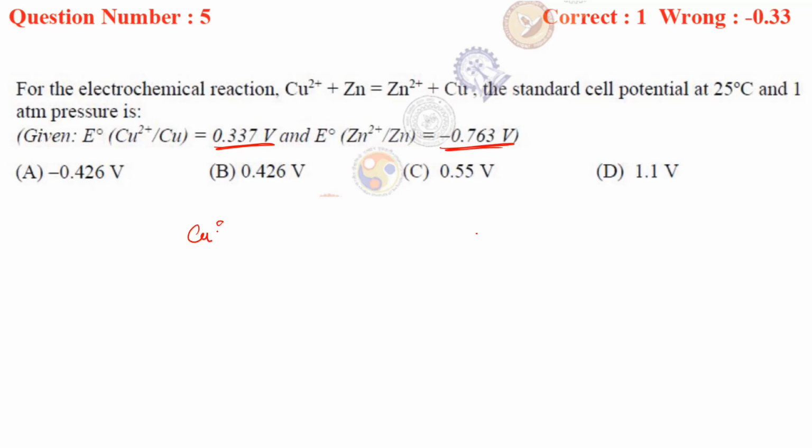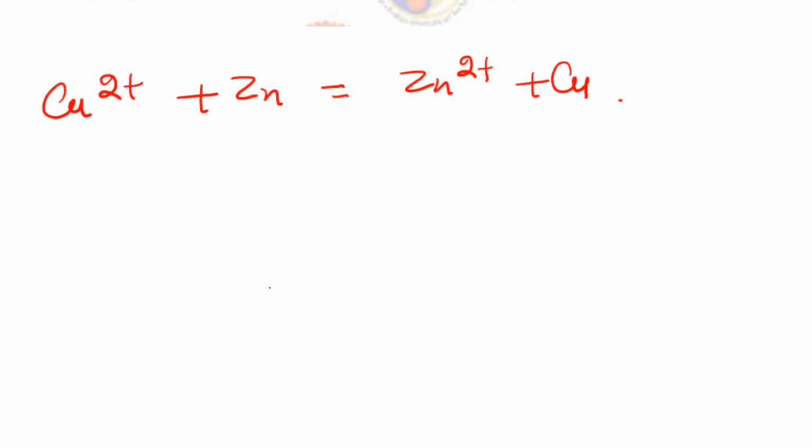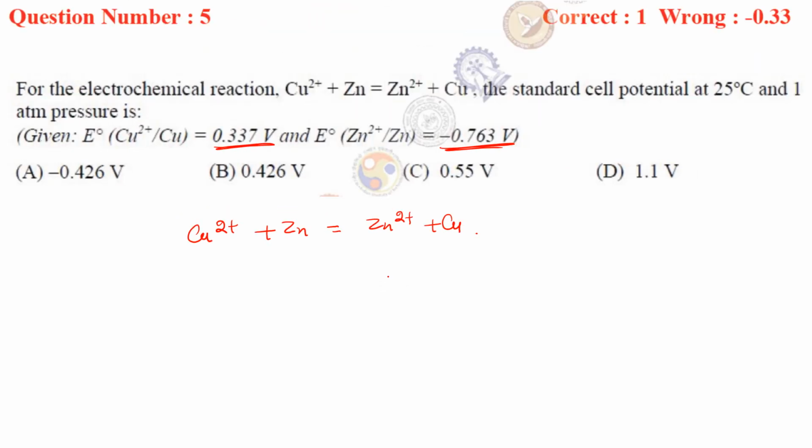So what will be the complete equation here? Zn2+ plus Cu. If you break the equation, then Cu2+ plus 2 electrons gives Cu, and Zn gives Zn2+ plus 2 electrons.